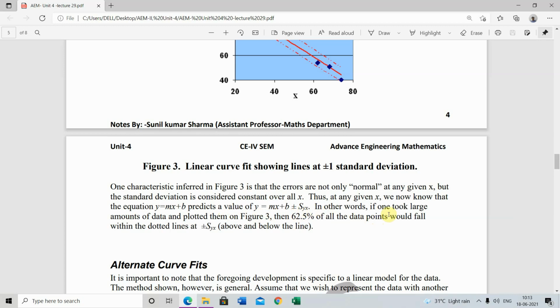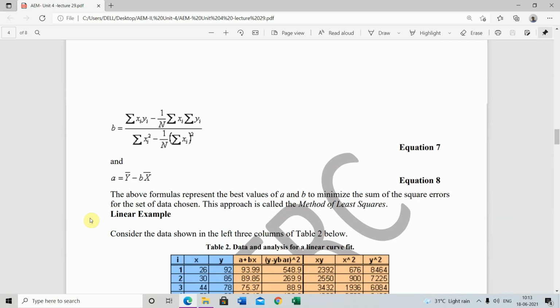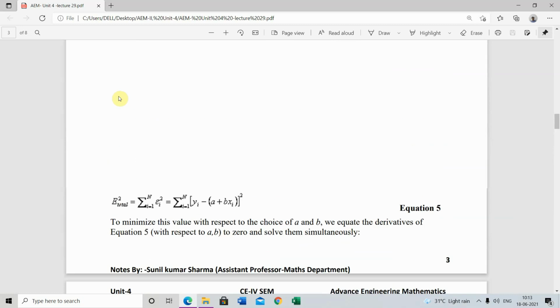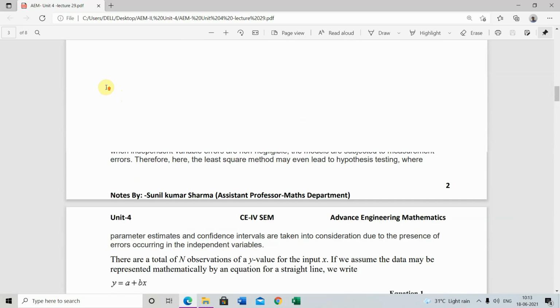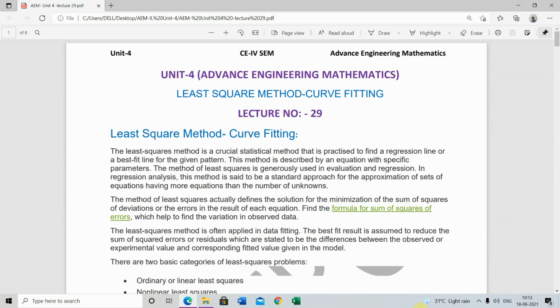In other words, if one took a large amount of data and plotted them, then 62.5% of all of the data points would fall within the dotted lines at plus or minus s y by x above and below the line. This way we get the best fitted curve. It is the method of least squares, and it is completed. So this lecture is completed. Thanks, all of you.